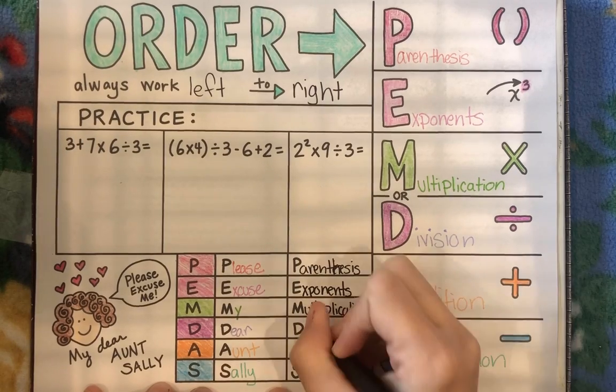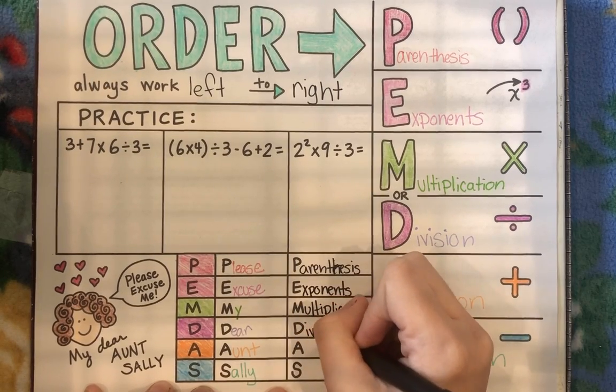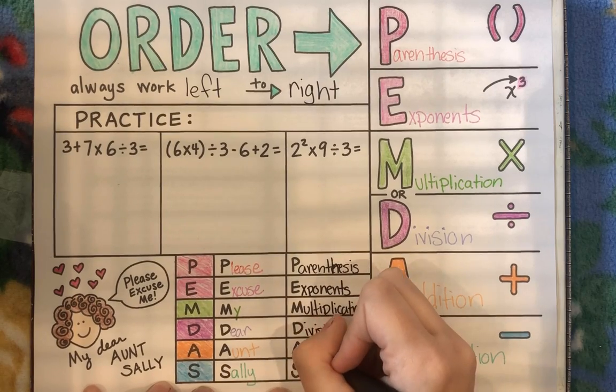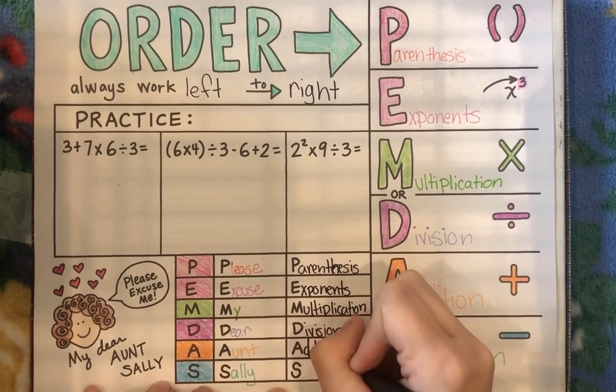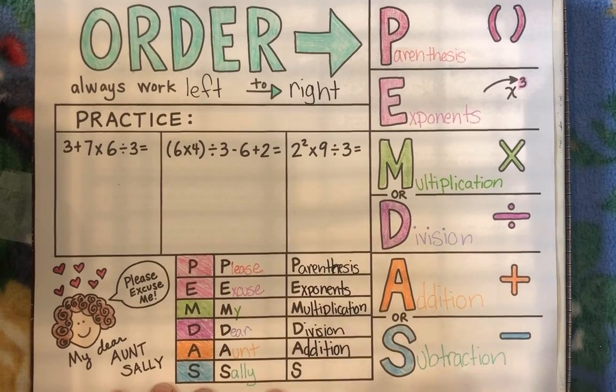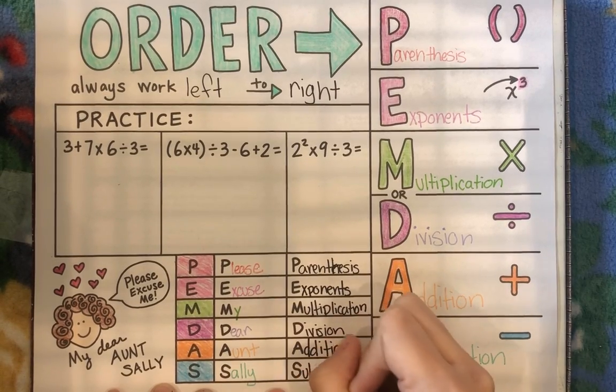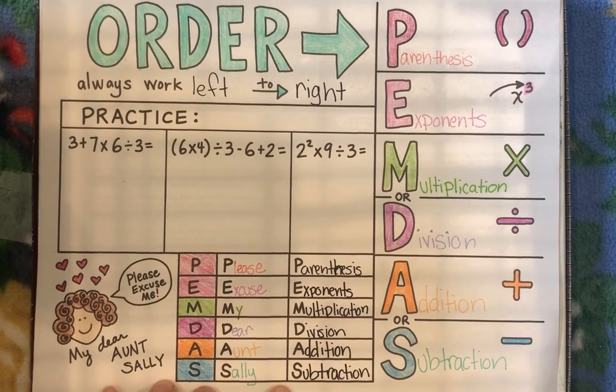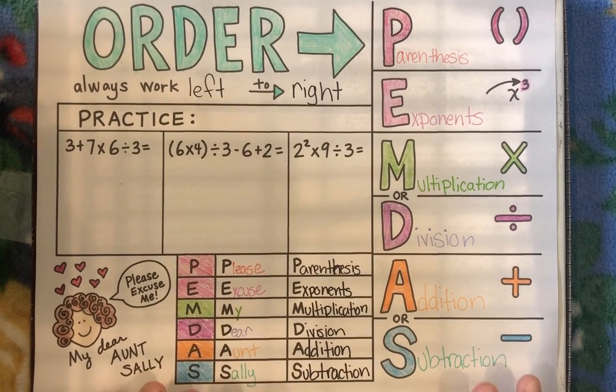The D in dear refers to division. A in aunt refers to addition. And the S in Sally refers to subtraction. So you can remember, please excuse my dear Aunt Sally: parentheses, exponents, multiplication, division, addition, and subtraction.